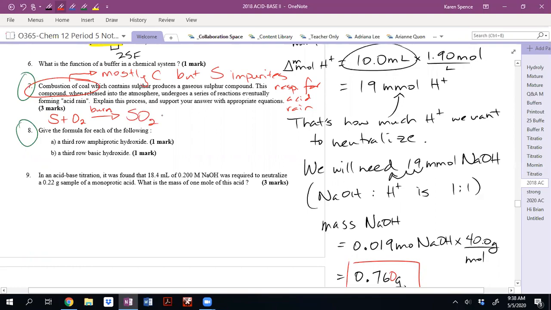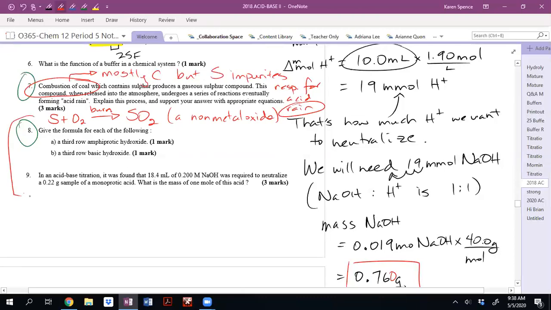and you should recognize that that is a nonmetal oxide. And rain is made of water.